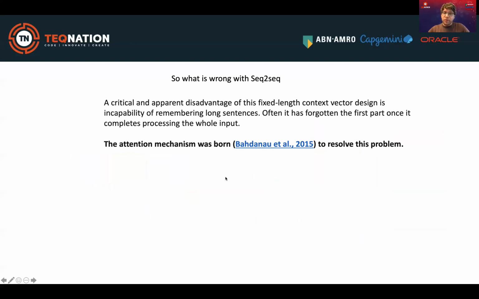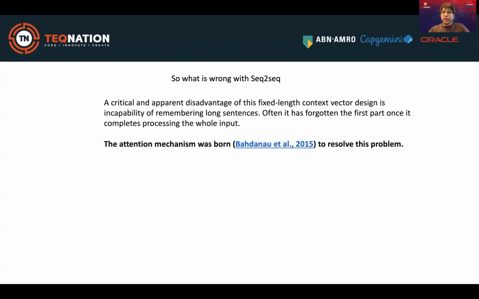You can also see here what's wrong with the sequence-to-sequence model: it forgets. So if you want to generate a sentence of length 9 and you only trained on 8, it will forget the first part once it has completed the process.